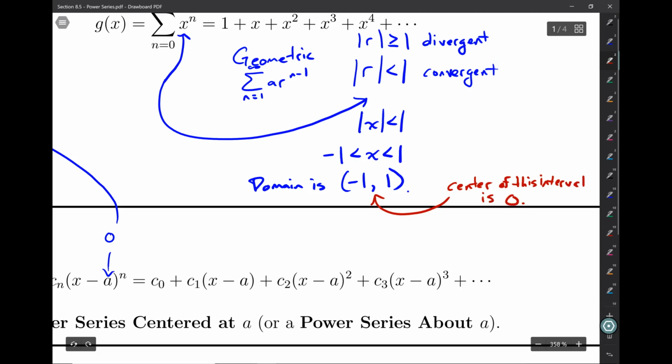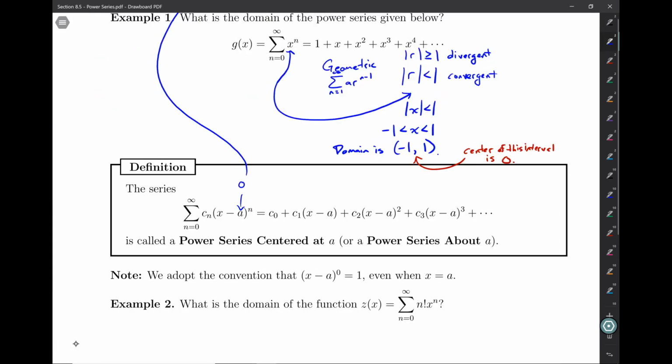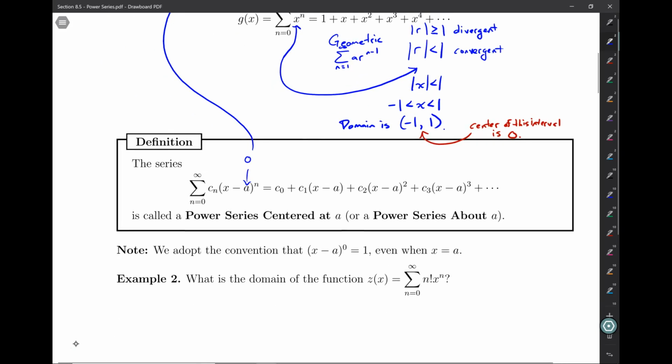This is actually an important fact that we will focus on in a little bit, but we will get there when we get there. When we have a power series that is centered elsewhere, we call it a power series centered at a, or sometimes a power series about a.